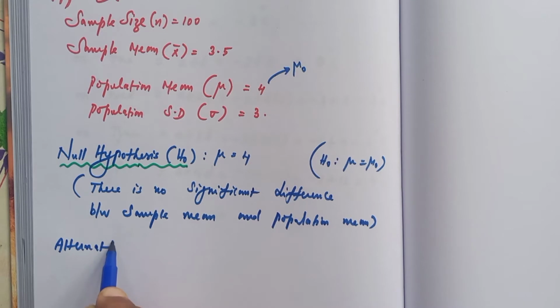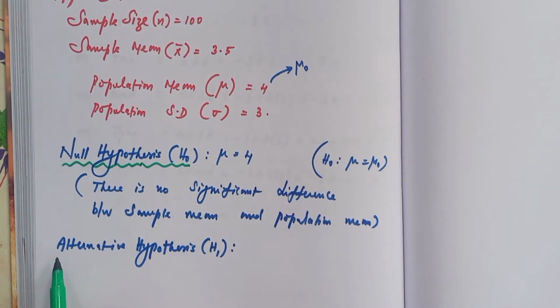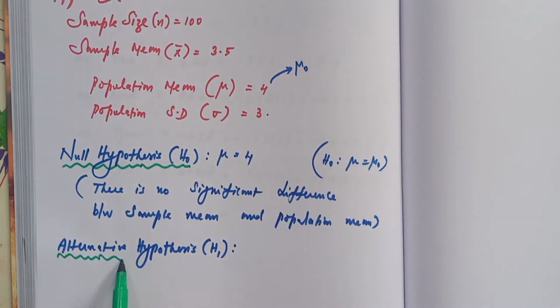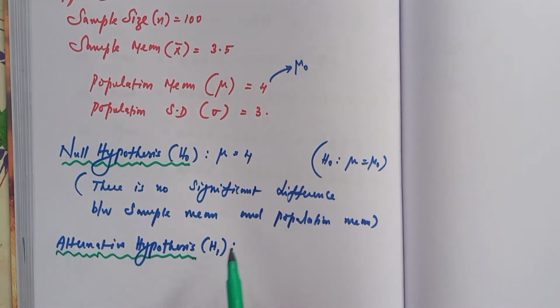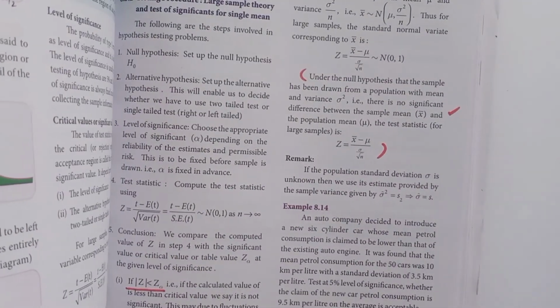Alternative hypothesis can be represented by the letter H1. We have to be very careful about the alternate hypothesis. Already I have given an explanation for it.